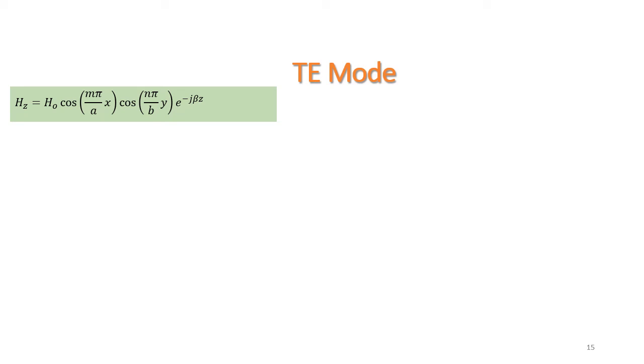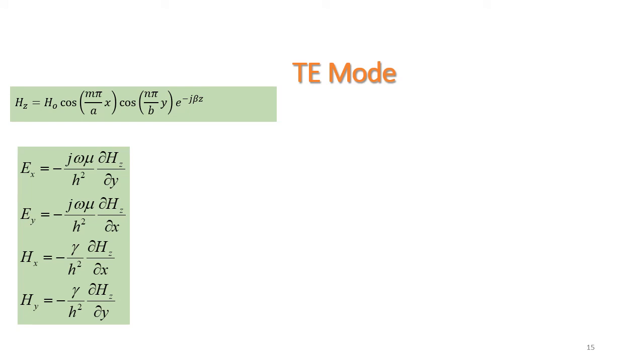Now we can put this value of Hz in our equations. We have Ex equal to minus j omega mu upon h square into d bar Hz upon d bar y. The first term is constant, so we write it as it is. What is Hz?